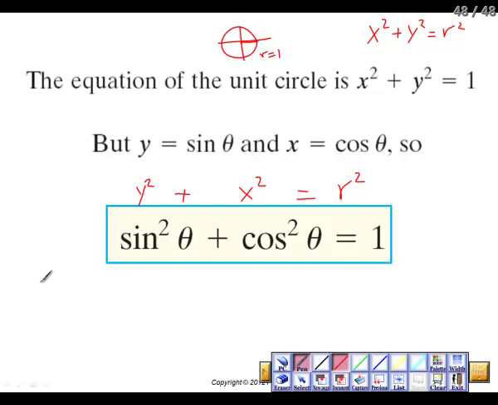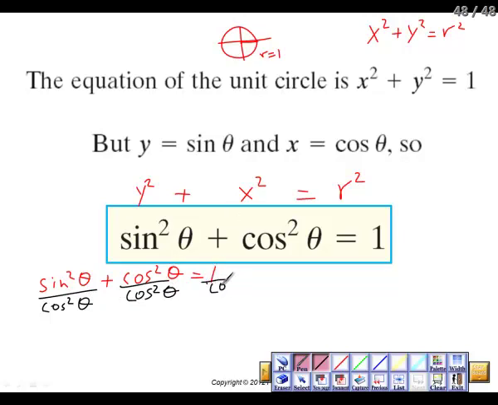Now if we took that sine squared theta plus cosine squared theta equals 1, and we divided cosine squared theta into each one. So we divide by cosine squared theta, divide by cosine squared theta, divide by cosine squared theta. And so sine over cosine is tangent.